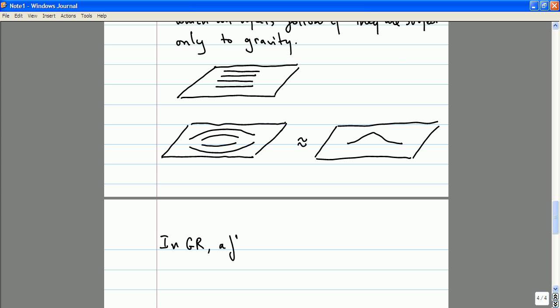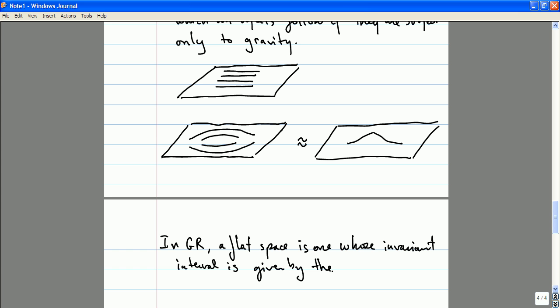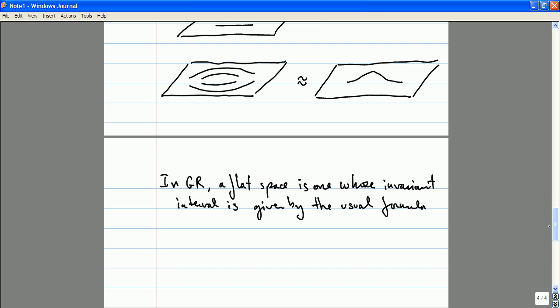A flat space is one whose invariant interval is given by the usual formula: the invariant interval between two events is the difference between the distance between the two events and their time separation as measured in some coordinate system, as we learned in special relativity.